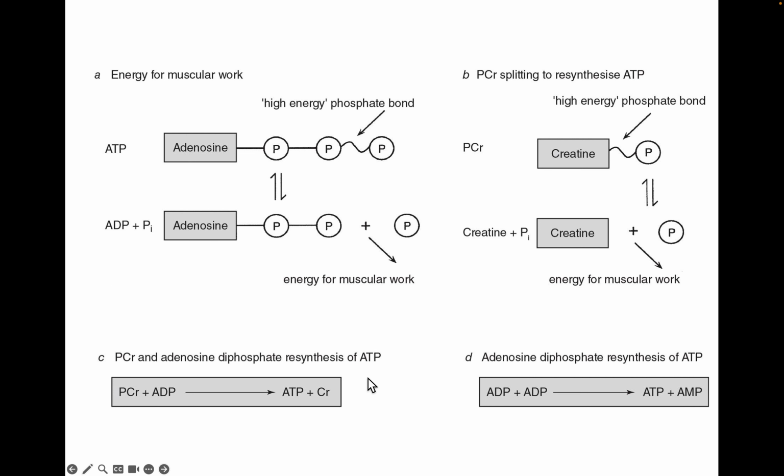So our body needs more ATP, so we can take that ADP, combine it with phosphocreatine, leaving us with ATP and creatine.